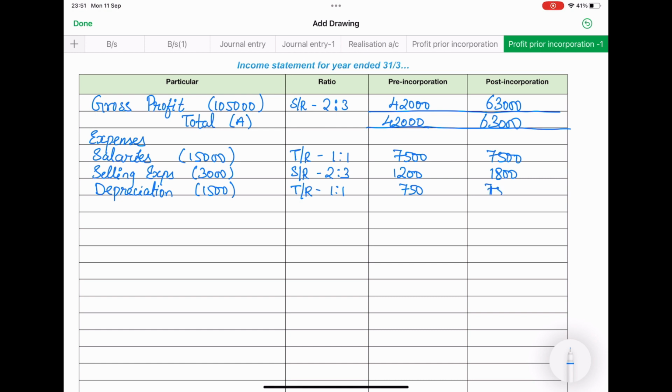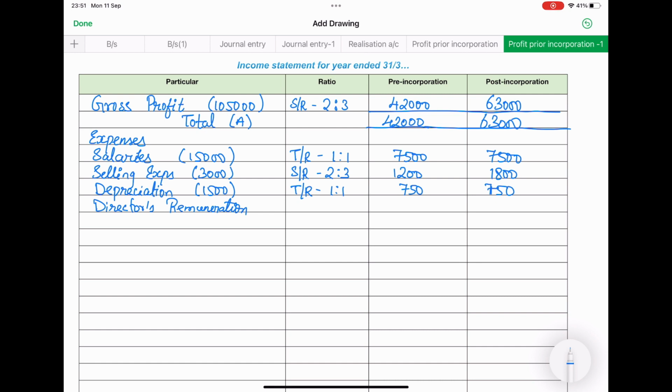Next we have directors' remuneration. A very important concept here. As I said, we are going to pay the directors when they are appointed.